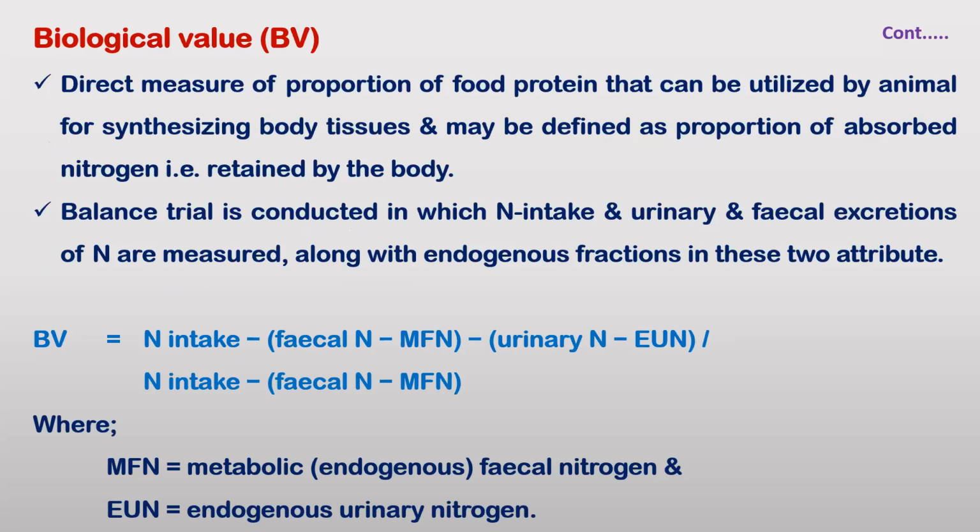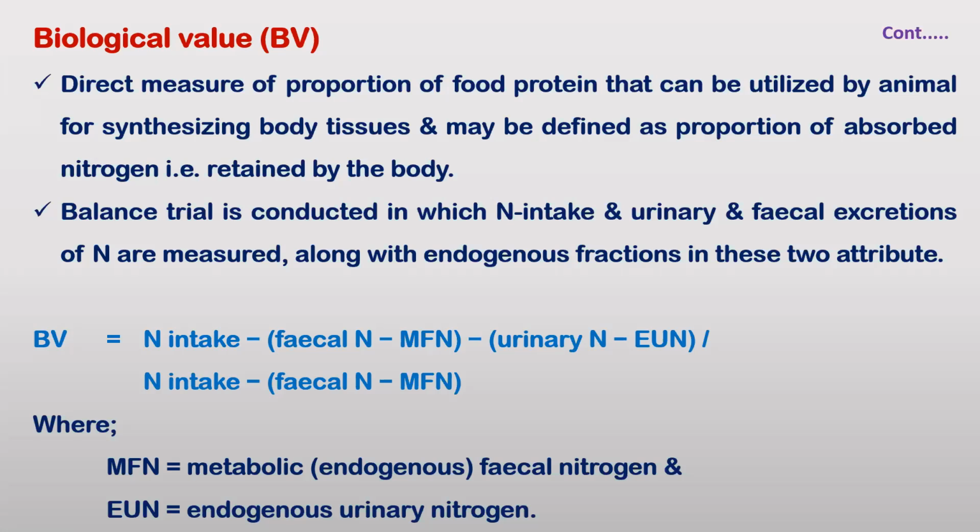Very important is the biological value, by which we can also estimate protein quality. What is biological value? It is the amount of protein which is consumed by, or offered to, the animal that is being utilized by the animal body for synthesizing different body tissues.